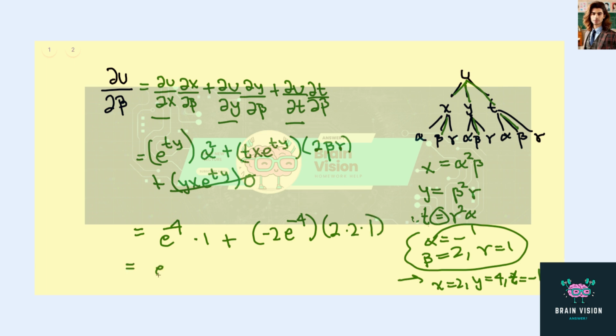So that gives us e to the minus 4, and then we have over here, that's 4 and then minus 2, so that's minus 8. Giving us negative 7 e to the minus 4. So let's go on to the next page.